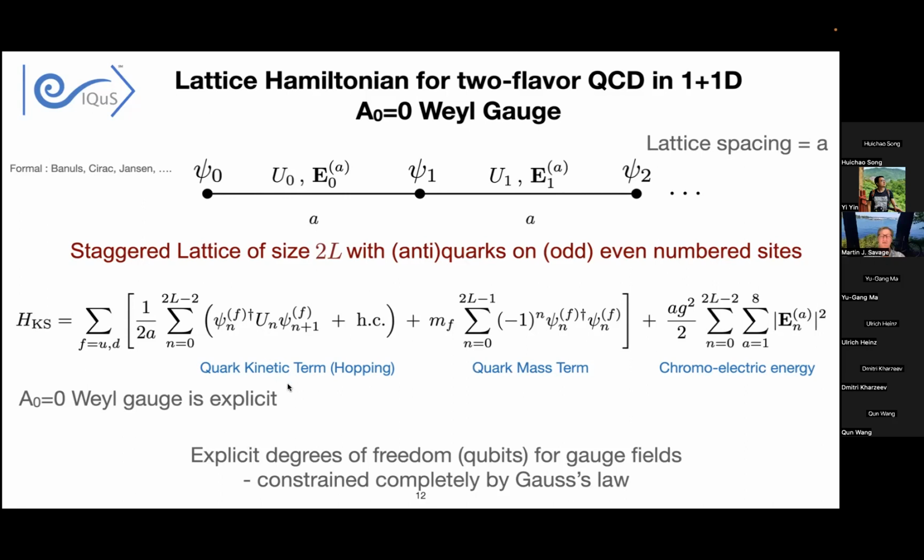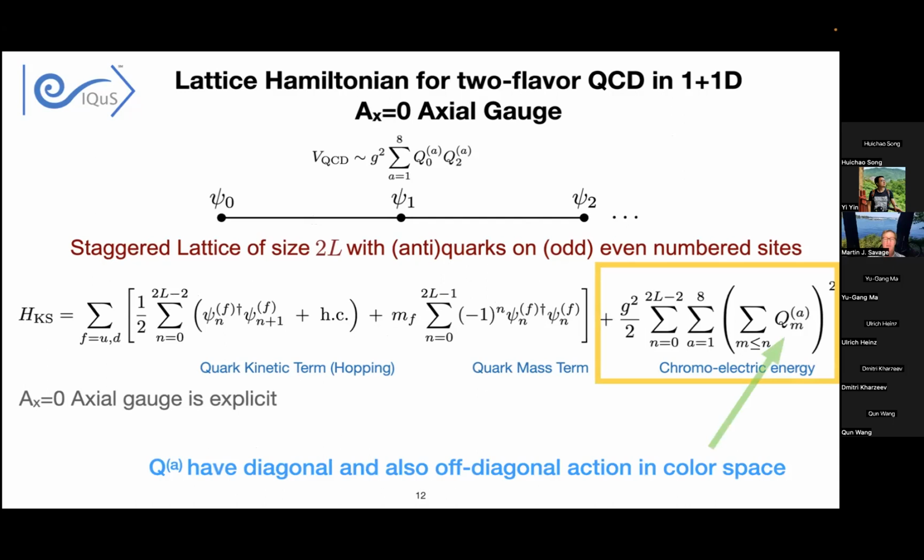So here, of course, you can map, the fermions map directly onto spin half systems, but then one needs registers for the gauge field. On the other hand, there's other gauges, right? And we know that choice of gauge can make your life simpler or harder.